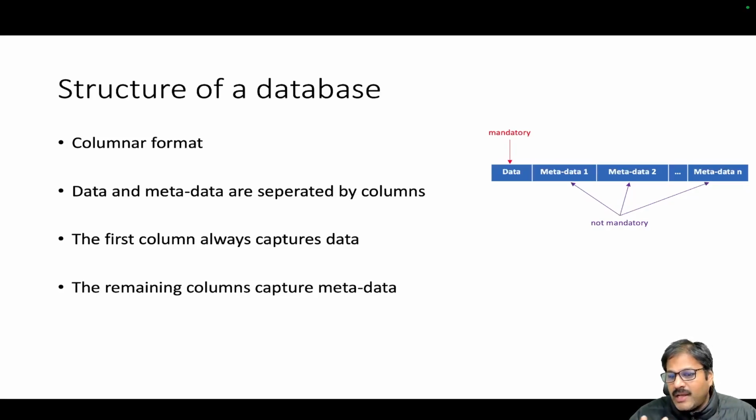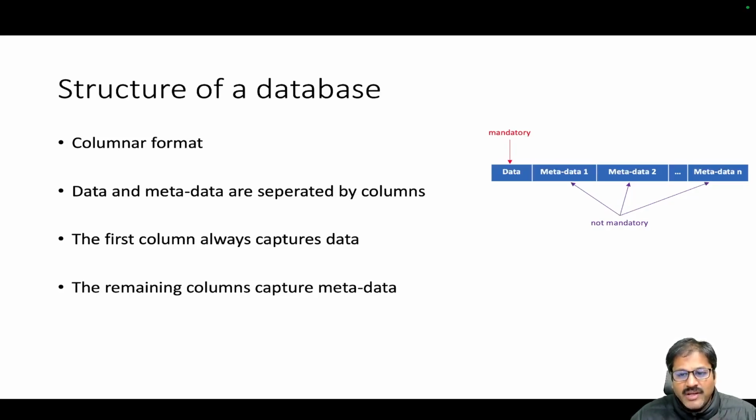The remaining columns can contain metadata. And most important, the first column must be mandatory. That is, data must be present. If you provide the data as metadata, the algorithms don't run. So please keep that in mind.